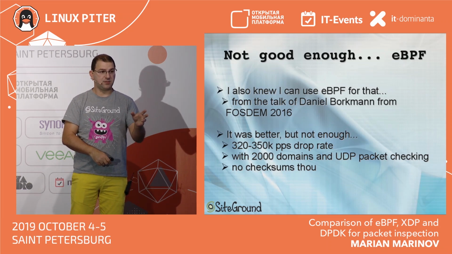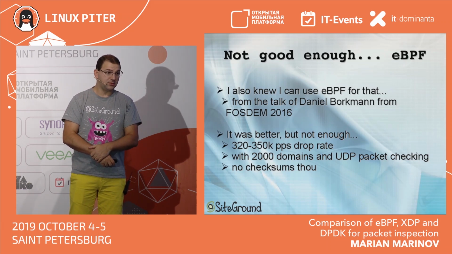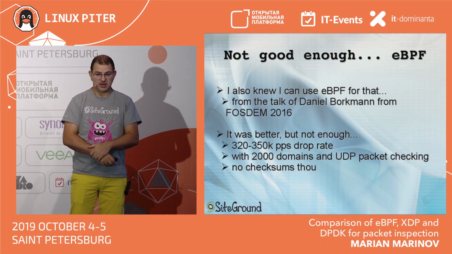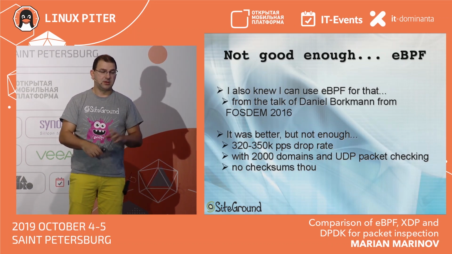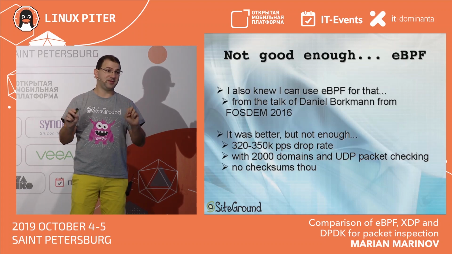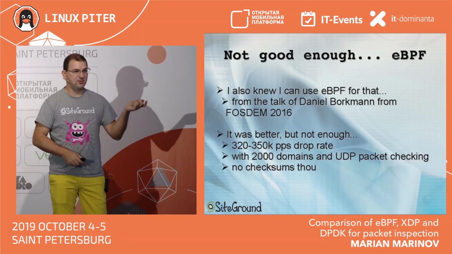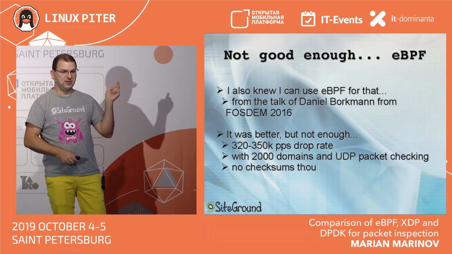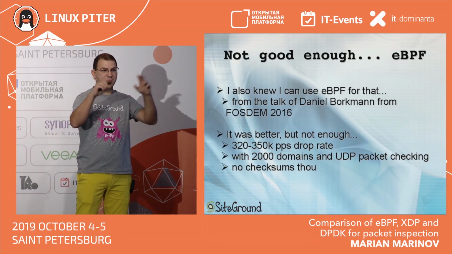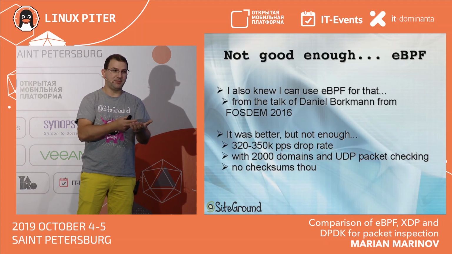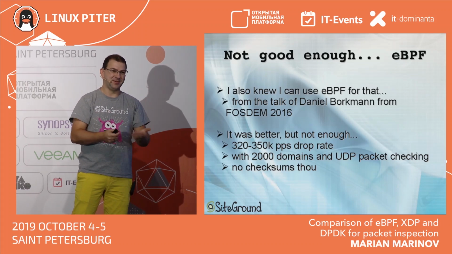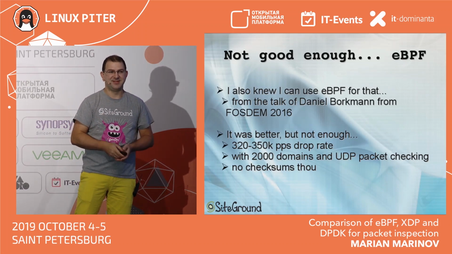This can be fixed with offloading the UDP checksum checks, but I haven't tested this. So I was simply hoping for the best during my tests. It has to have UDP checksums, otherwise you have to have more checks from the data when you are inspecting the packet contents. This is a problem if it is broken, right?